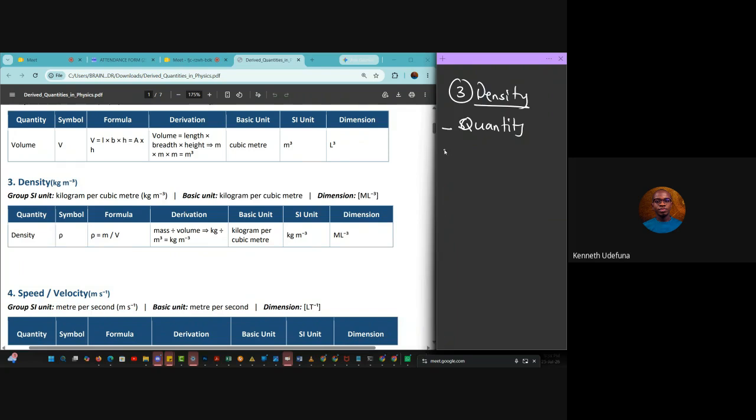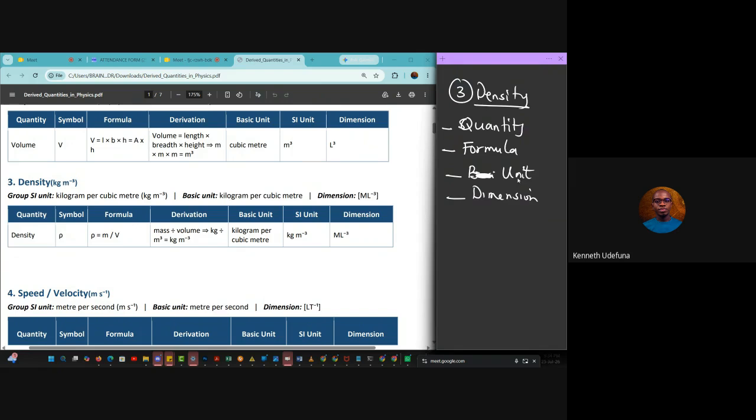After the quantity, you have to state the formula, because from the formula you will get the units, whether basic units or your normal units. Then from your units, you can get the dimension. These are the steps that you need to take note of.